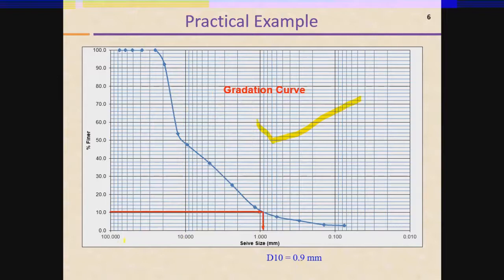You can see this is a logarithmic graph, so this is 0.1 and this is 1. Each subdivision is equal to 0.1 millimeter, so it is 0.9 millimeter. Then the value of D30 is 2 millimeter, and the value of D60 from that particular graph is 14 millimeter.